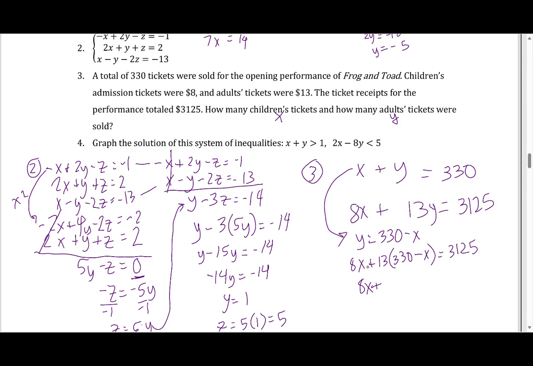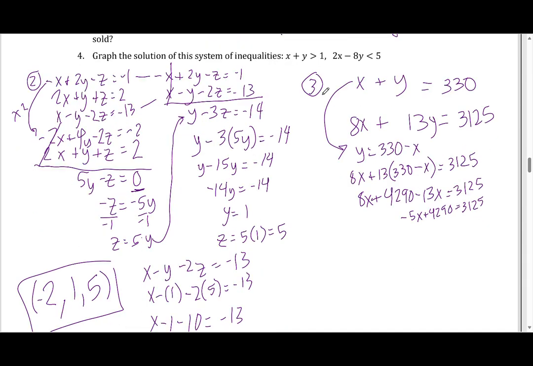So 13 times 330 is 4,290 minus, just distributing that in, 13x. Let's combine like terms over here. We have negative 5x equals our total cost, our total revenue.